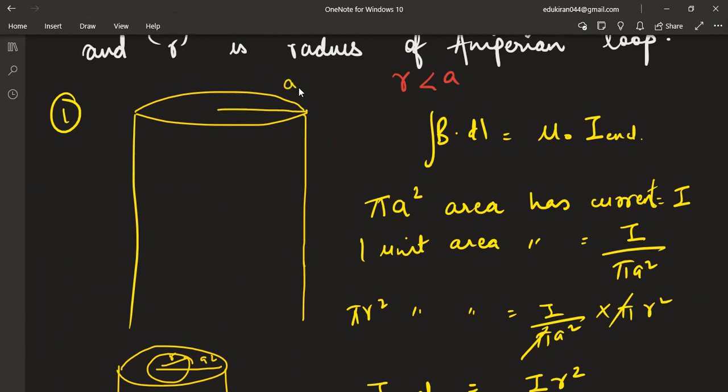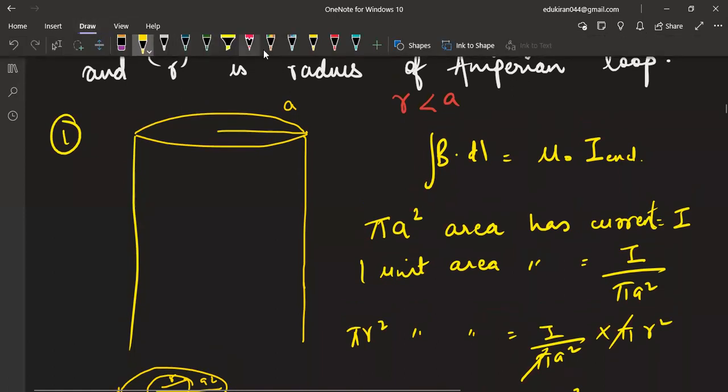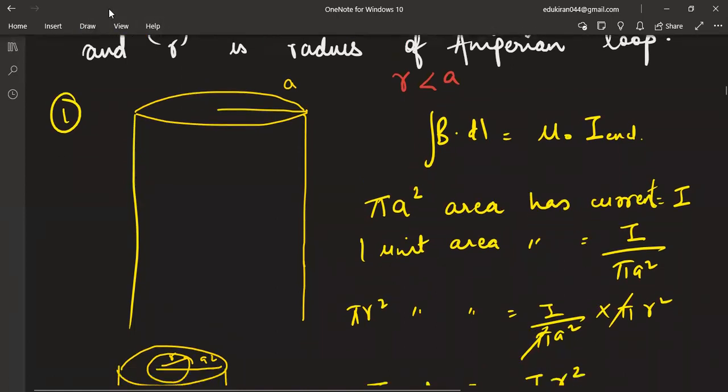If you zoom and enlarge it, this is how the wire's edge is going to be visible. If it says R is less than A, it means a point within this. If let's say this is small r, this is within the wire, it means this is the wire that is enclosed within the Amperian loop. This is Amperian loop because R is less than A.